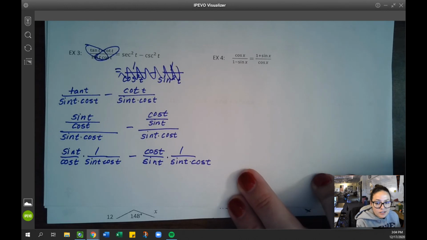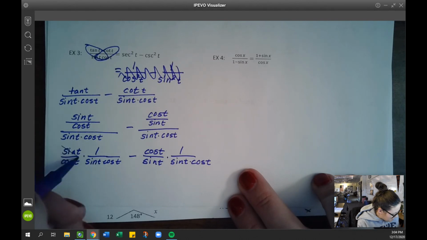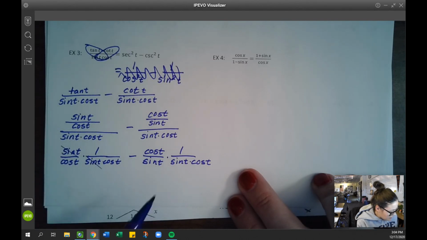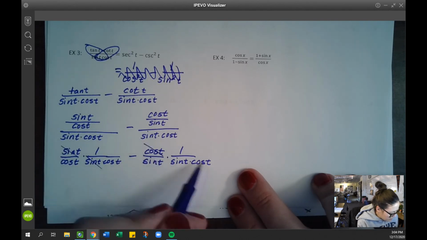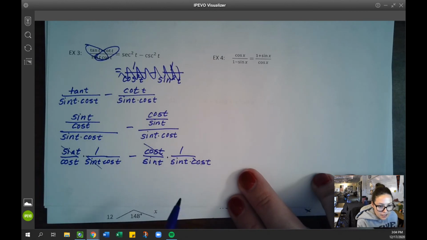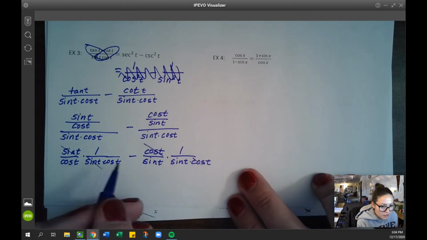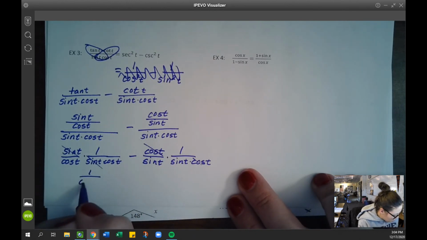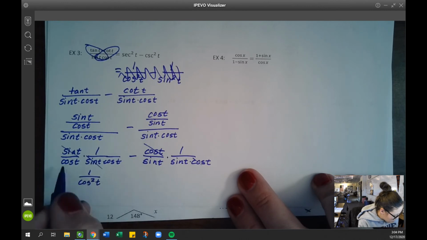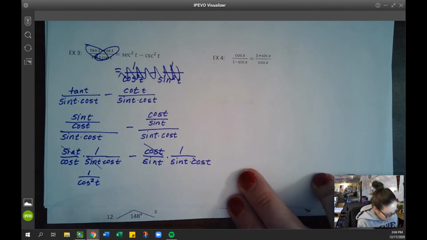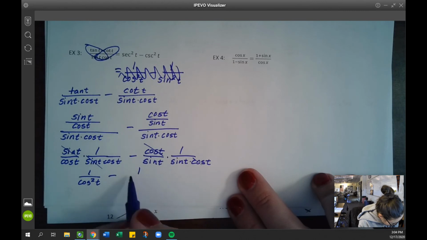Okay, now we can see a little more clearly how things are going to cancel out. I have a sine and a sine that are going to cancel out. And here I'm going to have a cosine and a cosine that are going to cancel out. So I'm left with 1 over cosine squared, because I'm doing cosine times cosine, minus 1 over sine squared.